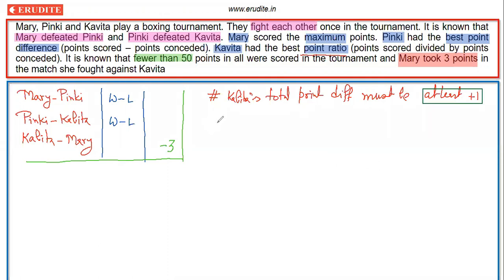Again, the next information, that Pinky had the best point difference.